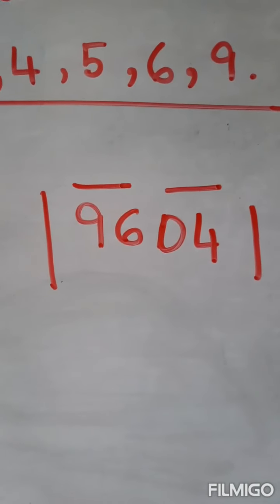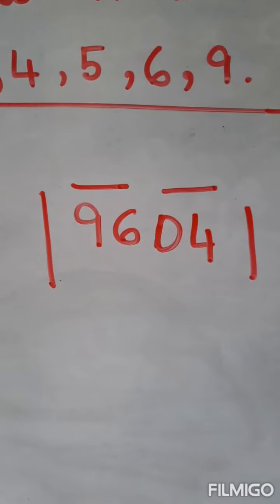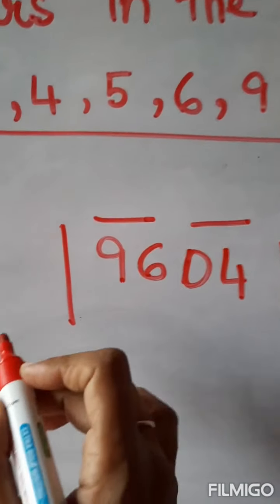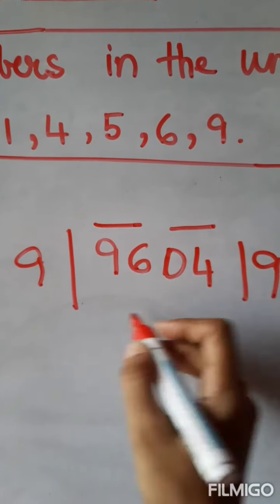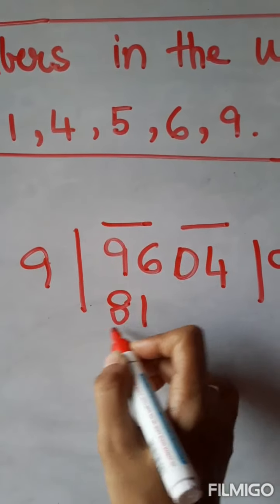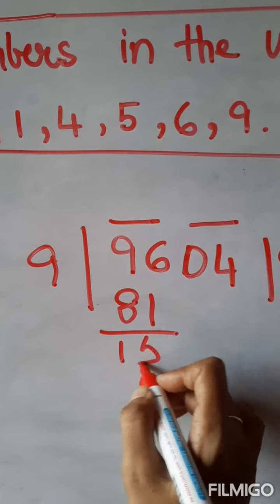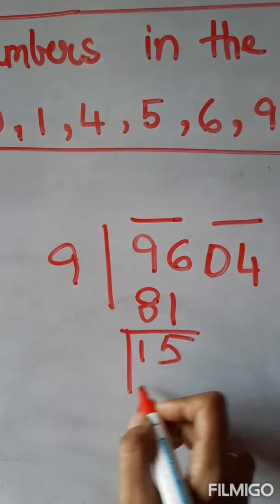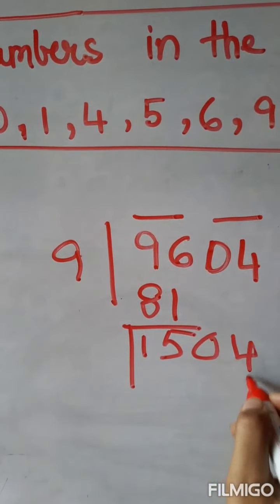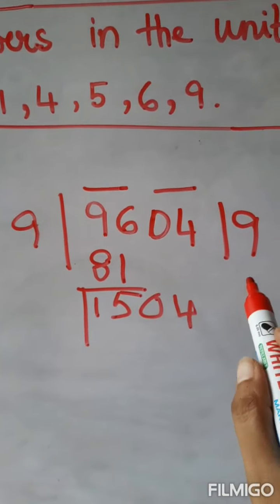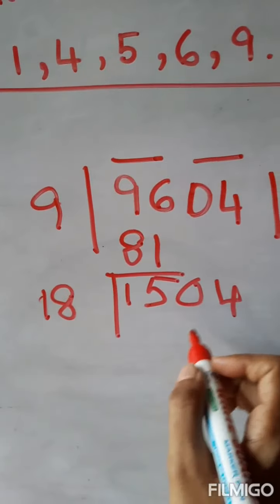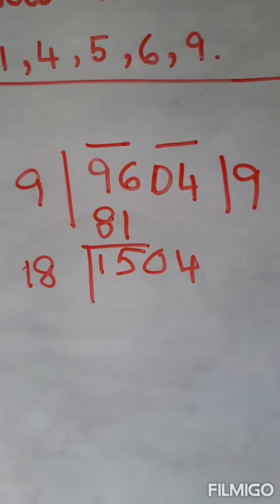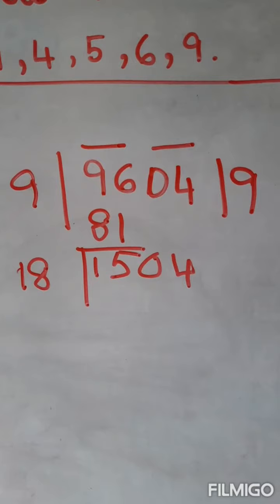Second step, we will find a square number less than 96, and that is 9 into 9, 81. We get 15. We bring down 04, and then we double 9 and write it on the left side. So that becomes our divisor.